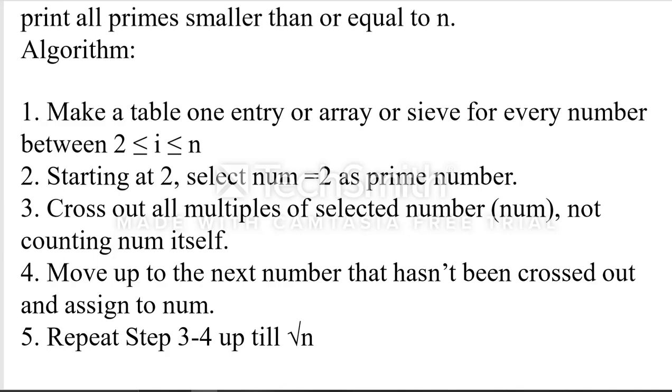In this case, multiples of 2 are crossed out, 3 is not crossed out, so mark it as a prime number. Again repeat the same step, which means cross out all the multiples of the selected number. Now 3 is selected, and filter out all the multiples of 3. So in this case 6 will be filtered out, 9, 12, 15, like this are filtered out.